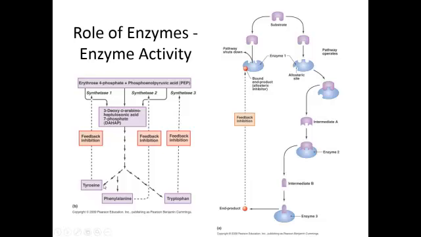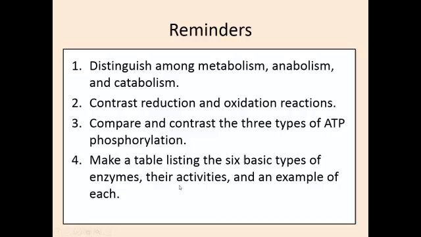Well, you can see that phenylalanine can go up and turn off synthase 2. It's involved in making phenylalanine, so you would only want to turn that one off when the concentration of phenylalanine increases. If you get a concentration of tyrosine, you don't want to turn off synthase 2. You want to turn off synthase 1. Same thing with tryptophan. See how that works?